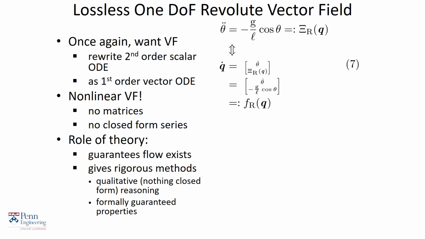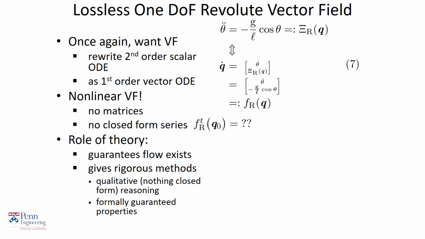But I now get to think about this as a vector field in 2 dimensions, right? It's a vector field that takes this 2-dimensional quantity theta, theta dot and gives me back a 2-dimensional vector f at theta, theta dot. That's the way we like to think about our dynamical systems.